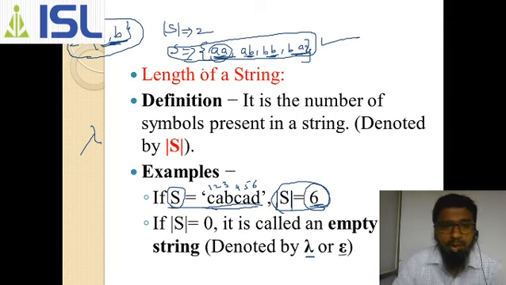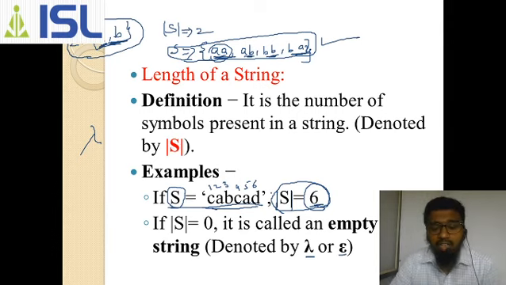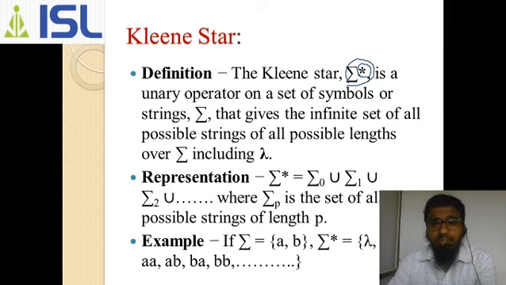Here, what is the length or size? The length of the string is s, but here what is it telling? Kleene Star sigma star is a unary operator on a set of symbols or strings sigma that gives the infinite set of all possible strings of all possible lengths.